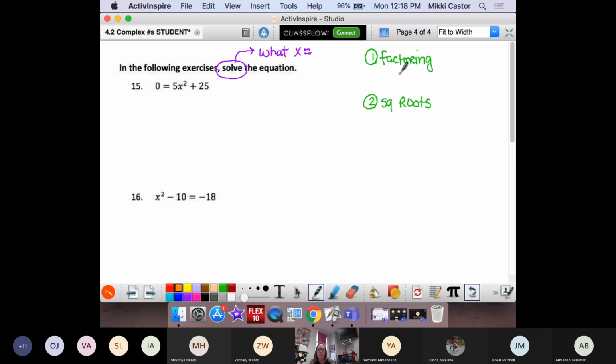Factoring I would usually use when there is standard form, or if you can move it into standard form. That's your ax squared plus bx plus c. Square roots I would use if there is only an x squared in the function, and also when it's vertex form. That's your a(x minus h) squared plus k form.